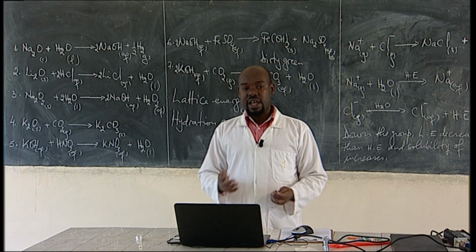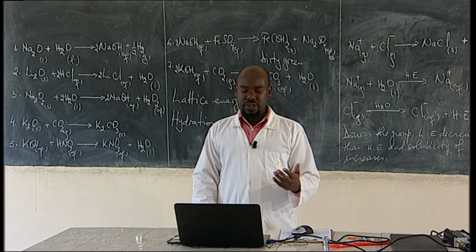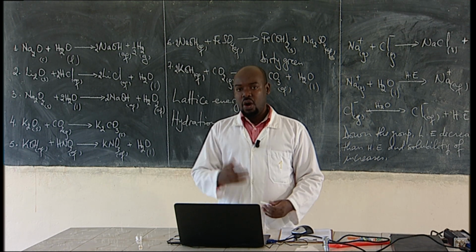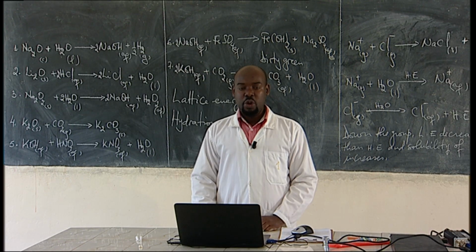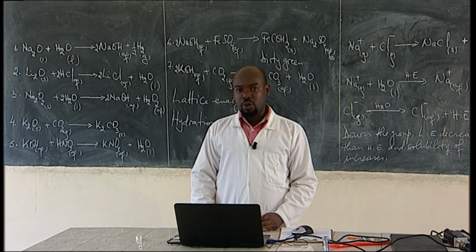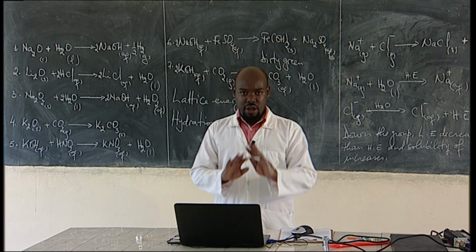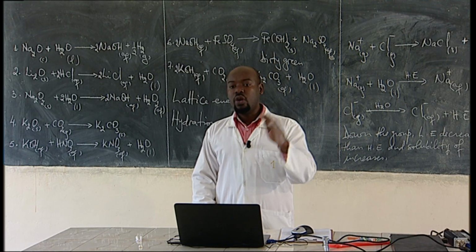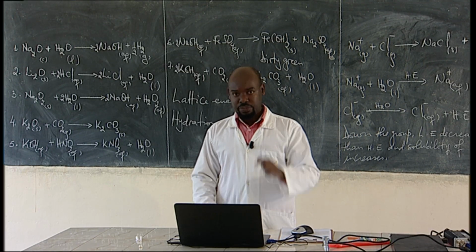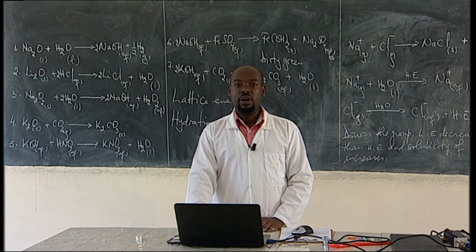Lithium substances like lithium iodide are more covalent than ionic, so they will dissolve in organic solvents. So we have more abnormal behaviors. And when you compare to other salts or other compounds of the alkali metals, you find those of lithium to be totally different. And all that is because of the small size and the high polarizing power of lithium.